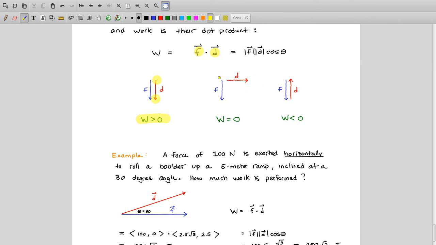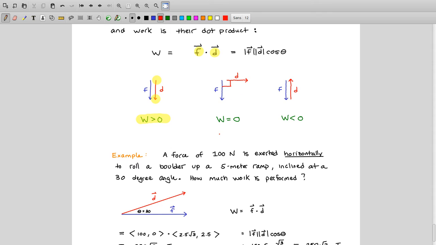On the other hand, if you displace something horizontally, technically, no work is done on the object because the angle between these two vectors is 90 degrees, which makes the cosine term 0. And so because these two vectors are perpendicular, the work is 0.